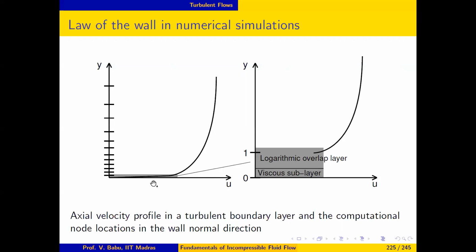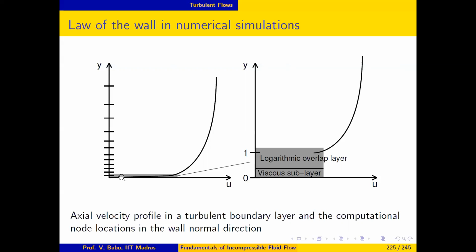If you try to resolve the velocity profile in this small region, far more nodes would be required between this node, which is right now the first node from the wall. Perhaps 10 to 20 more will be required just in this small region. Although 10 to 20 seems like a small number, in a three-dimensional simulation, 10 to 20 along each x equal to constant or y equal to constant grid line can add up to hundreds of thousands of additional nodes, if not millions.